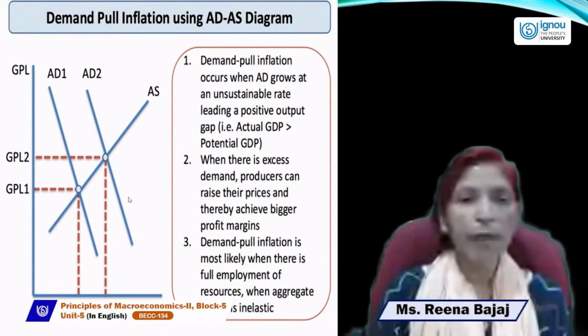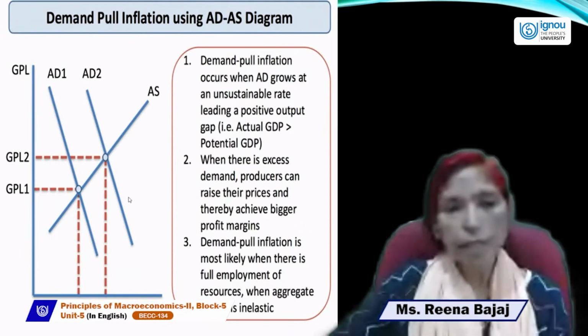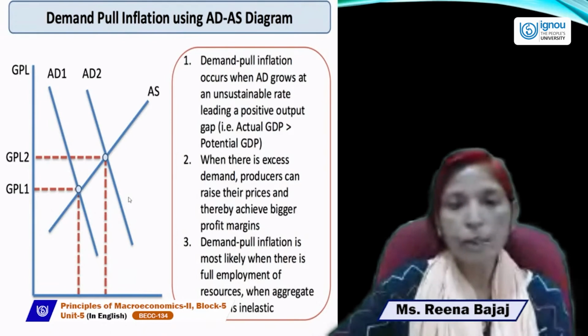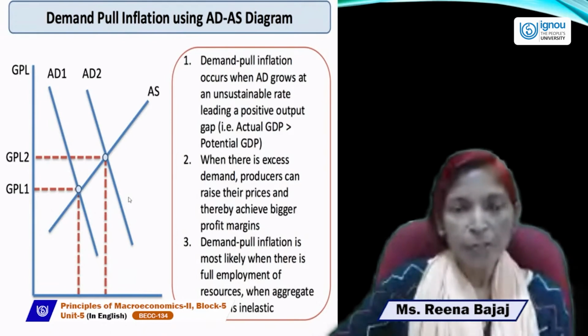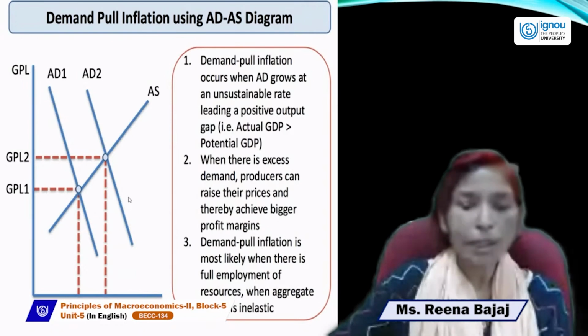So demand pull inflation occurs when aggregate demand grows at an unsustainable rate, leading to a positive output gap. It means actual GDP is greater than potential GDP.